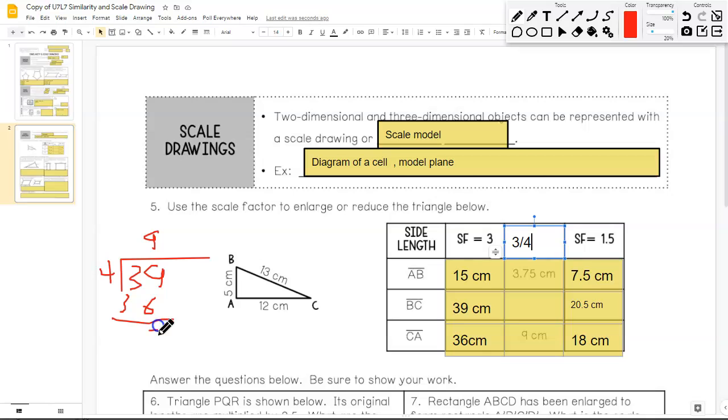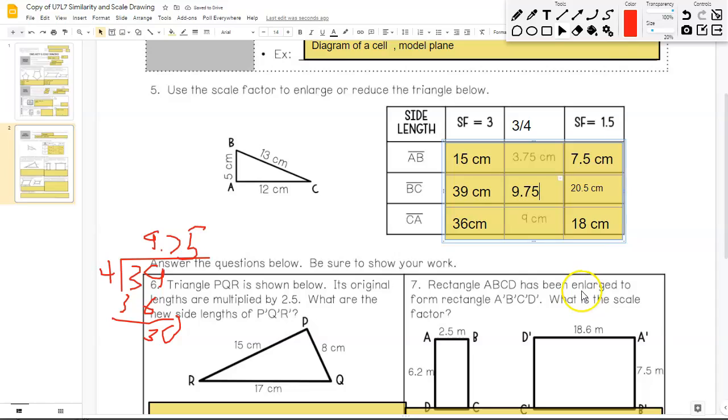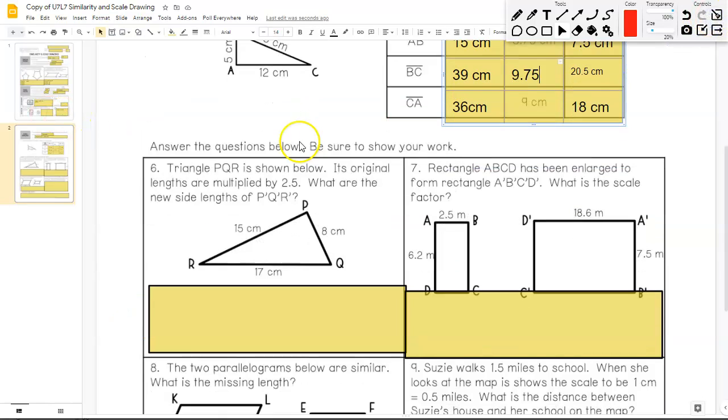And with a remainder of 3, so 9 3/4, or 9.75 if we go ahead and do the work. Put in the decimal. So we get 9.75 centimeters. And again, looks like I needed to make that smaller. I'm just not going to put in the centimeters on that one. Alright, now let me clear that out and we'll look at the next one.